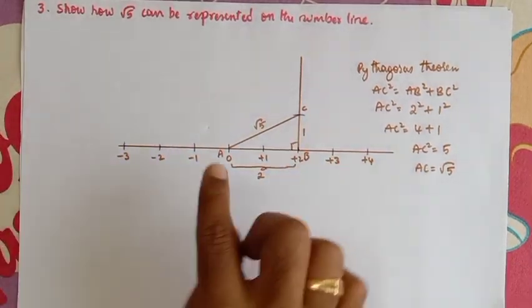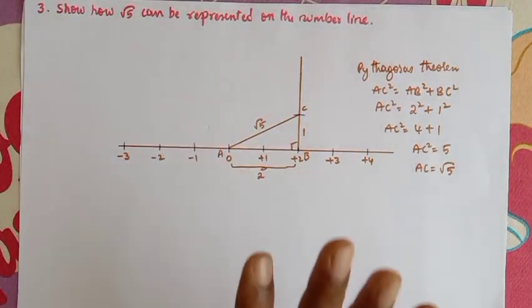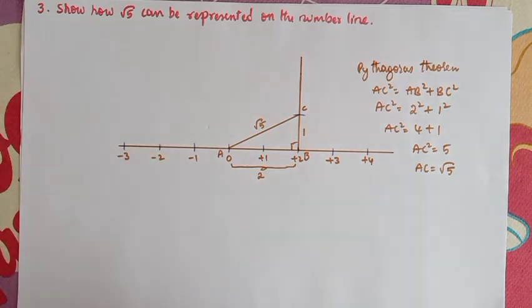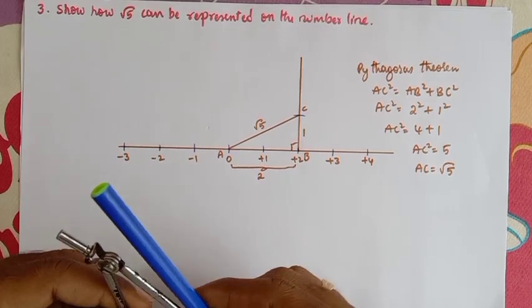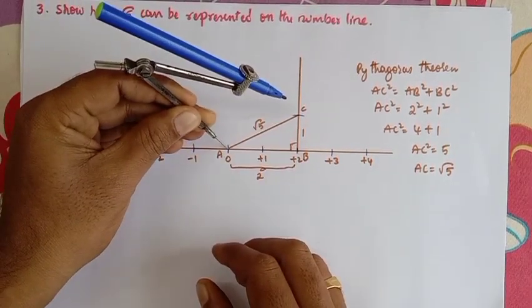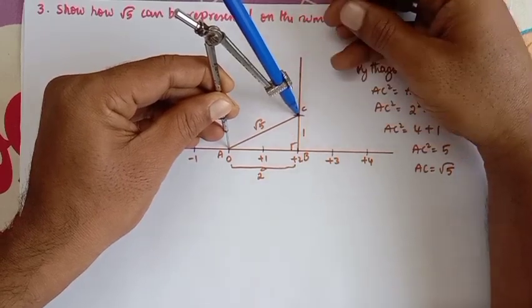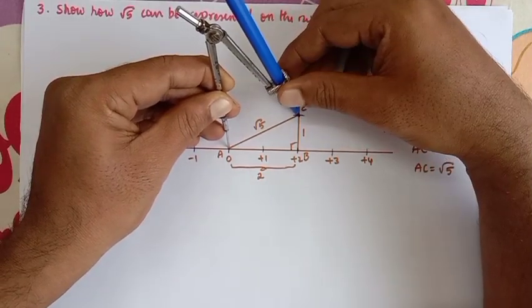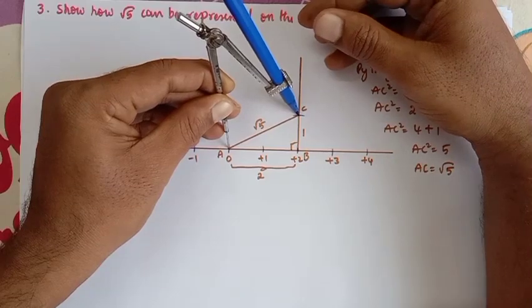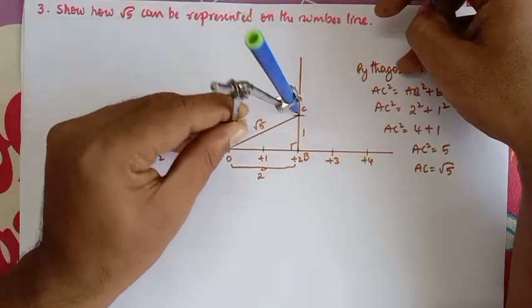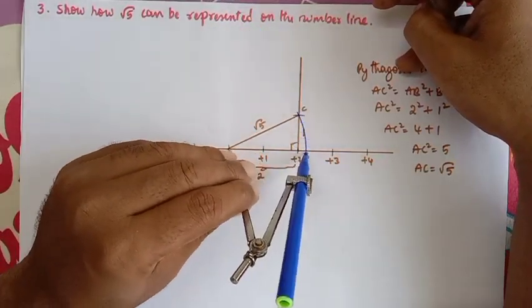We have not yet represented root 5 on the number line. We have found the length of root 5, but now we will be representing it on the number line. Adjust the compass to AC and I will cut an arc.